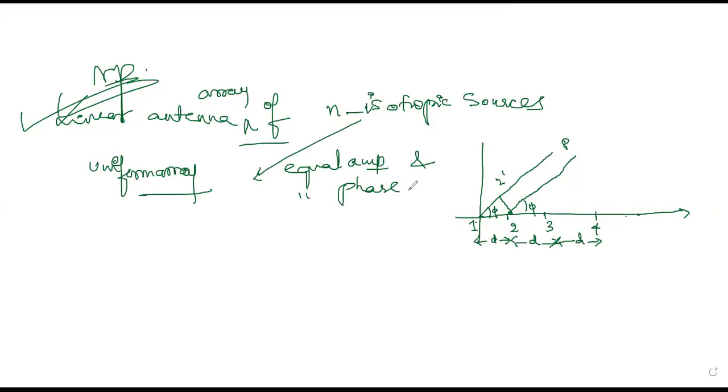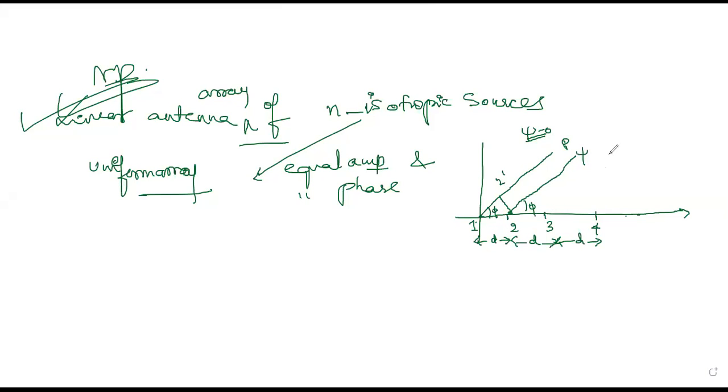Now with equal magnitudes of current, the phase will increase progressively as your sources increase. If you consider source 2, we know source 1 has no phase angle xi, because it is at the origin. It will have xi equal to 0 here, whereas source 2 will have xi.